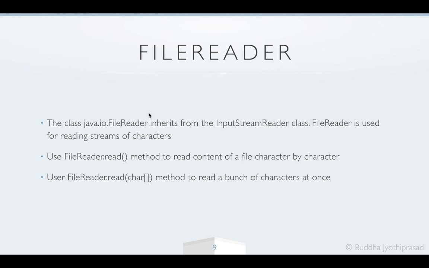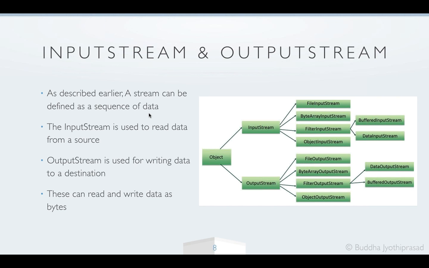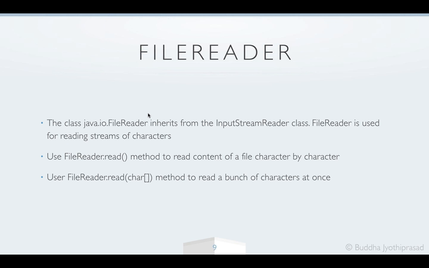Whereas there is another class called file reader, along with this input stream and output stream. The file reader actually comes from input stream reader. We can actually read these as characters. There are two ways to read a file: one is by using input stream reader, and the other is by using a file reader.